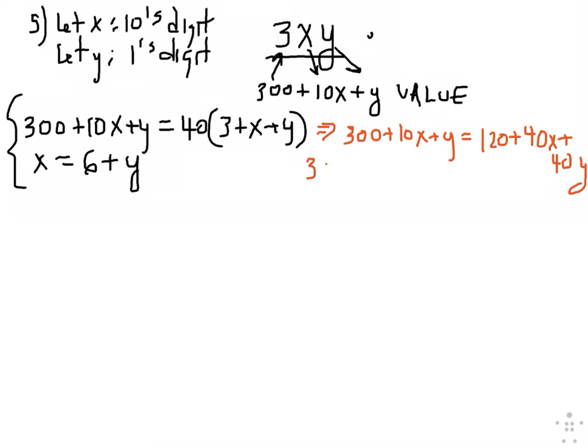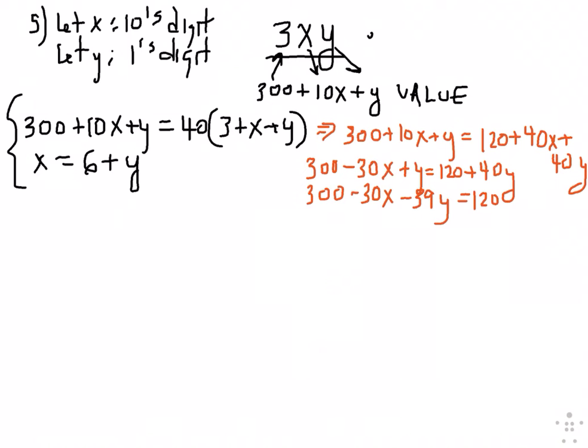So I have 300 minus 30x plus y equals 120 plus 40y. Now I'll subtract 40y from both sides. So I have 300 minus 30x minus 39y equals 120. And now I'll subtract 300 from both sides. So I have negative 30x minus 39y equals 120 minus 300, which is negative 180.